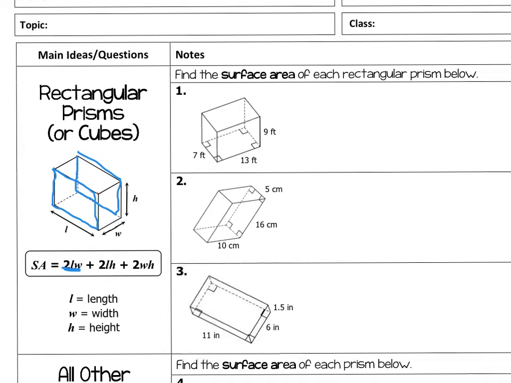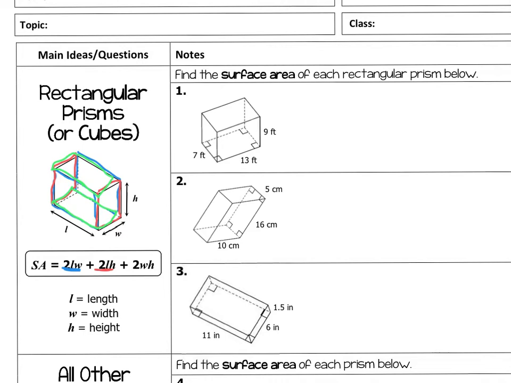Then you've got another two that are exactly the same, the ends. So two length times height. And then the next thing you've got is another one, which would be your bottom and your top. So that's all the different surface areas that we're talking about.